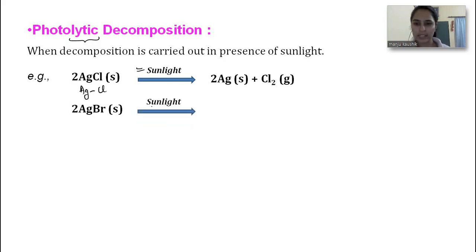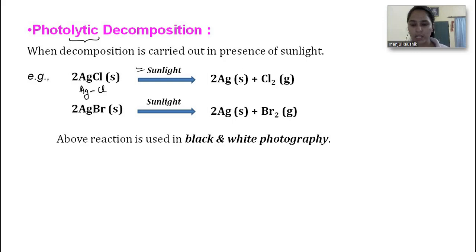Similarly, when we provide sunlight to it, it produces silver and bromine gas. So it converts into silver solid and bromine gas is released. Again, sunlight is providing the energy to break the bond between silver and bromine. Okay, students. So this is photolytic decomposition. This reaction is used in black and white photography.